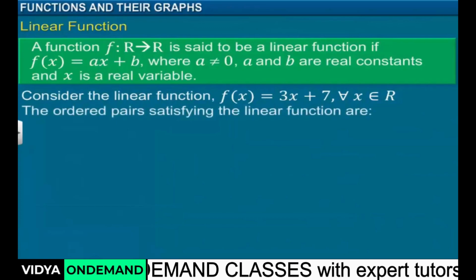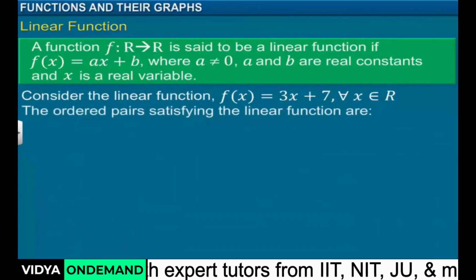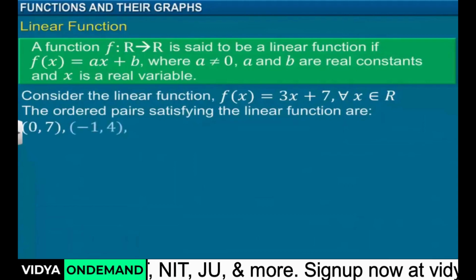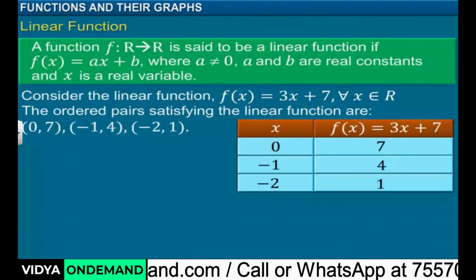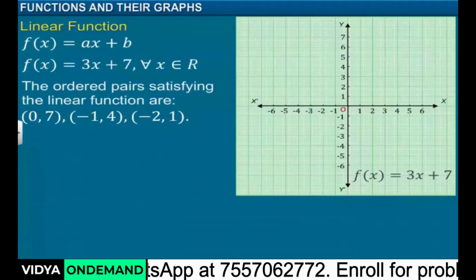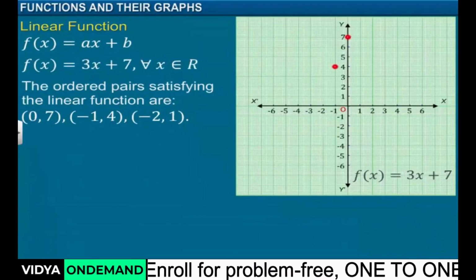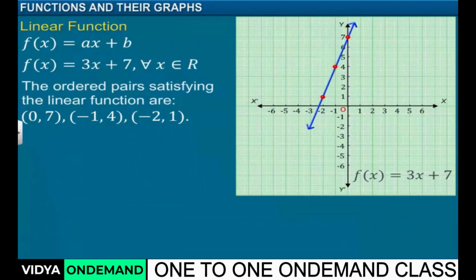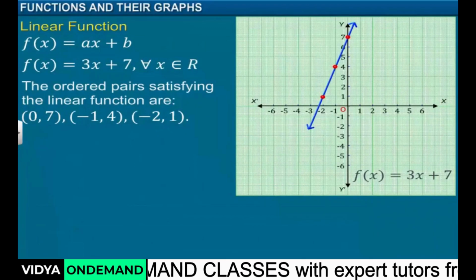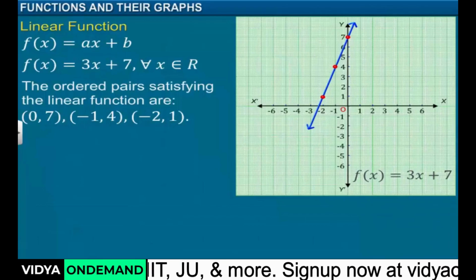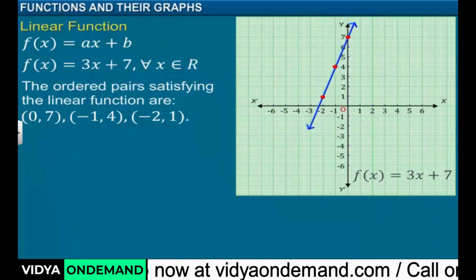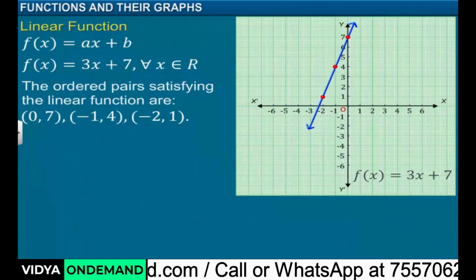Some ordered pairs satisfying the linear function are listed. On plotting these points on the Cartesian plane and then joining them, we get the graph of the linear function f of x is equal to 3x plus 7 for all x belonging to R as shown.